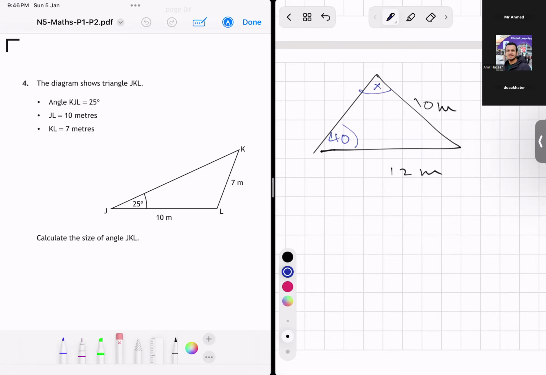Okay. 10 divided by sine 40, right? Let me write it down, which equals 12 divided by sine x.